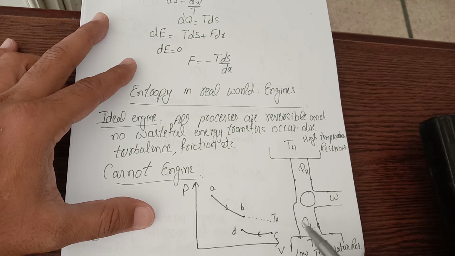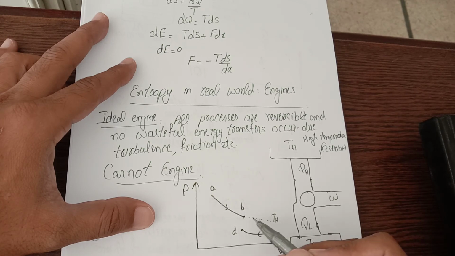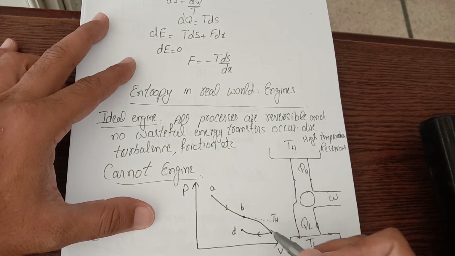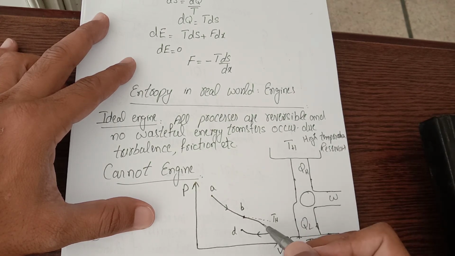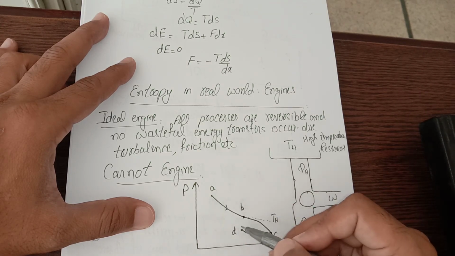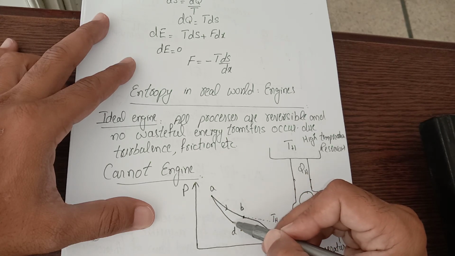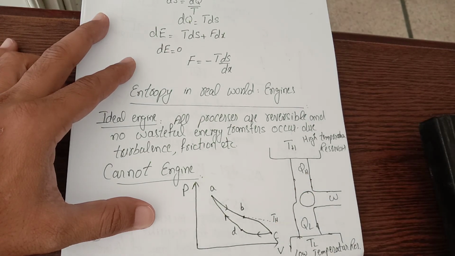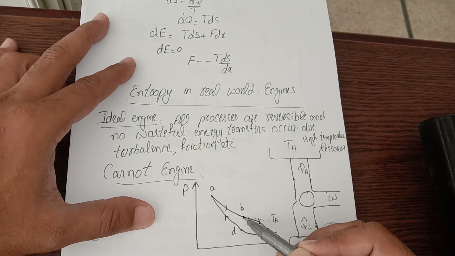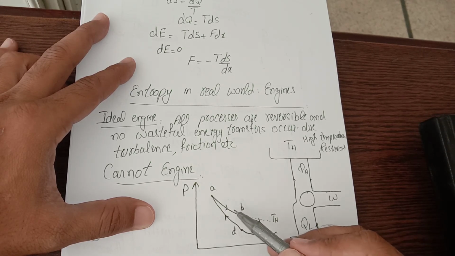So after this isothermal expansion, when the volume was increasing, I would make it an adiabatic process from B to C. This BC would be an adiabatic expansion, and if BC is adiabatic expansion, then I have to make an adiabatic compression from D to A. One can see that from A to B, first isothermal expansion, and then an adiabatic process is added in series with this expansion.